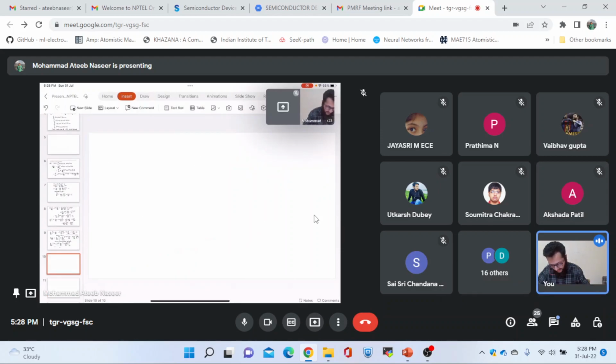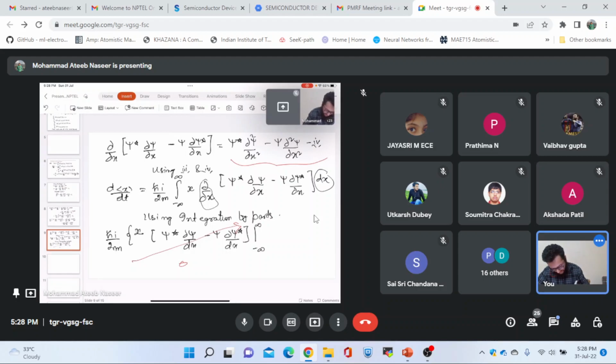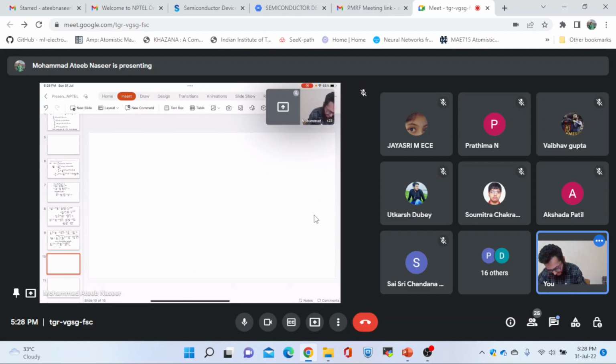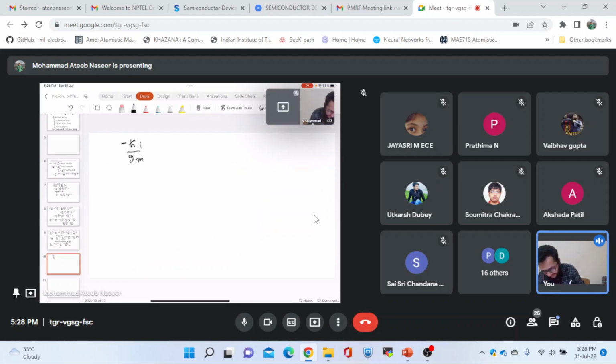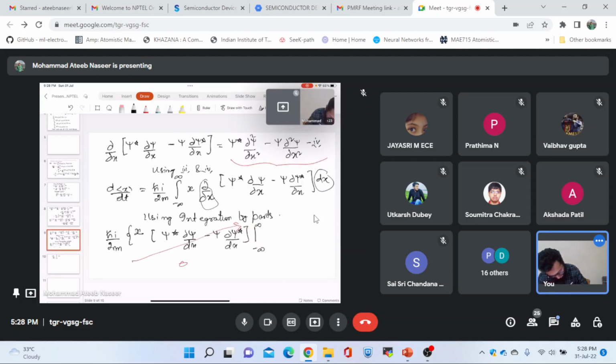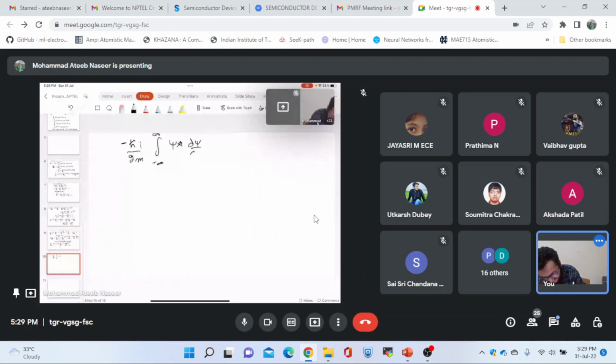So if we see the other part of this term, by simply using the integration by parts, it will simply be minus h bar iota by 2m. Since I have to differentiate the x, I will be getting minus infinity to infinity psi star d psi by dx minus d psi star by dx of psi, and this will be integrated over the whole space.